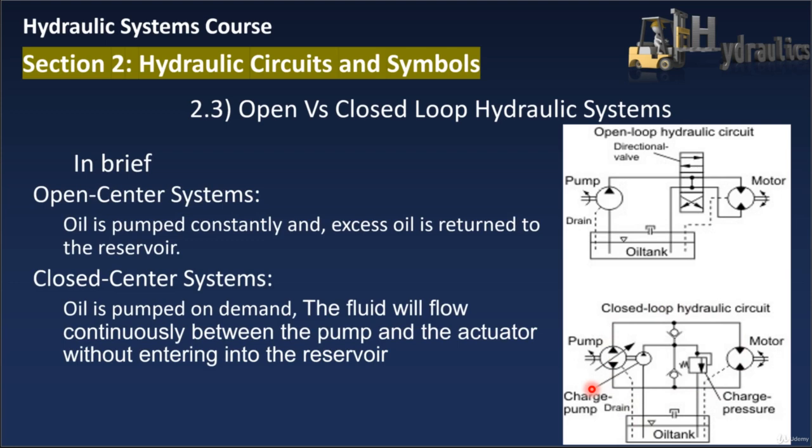So in brief, when oil is pumped constantly and excess oil is returned to the reservoir, it is an open center system. The oil or fluid will flow between pump, actuator, and tank. However, for closed center systems, the oil will be pumped on demand and the fluid will flow continuously between the pump and actuator without entering the reservoir.